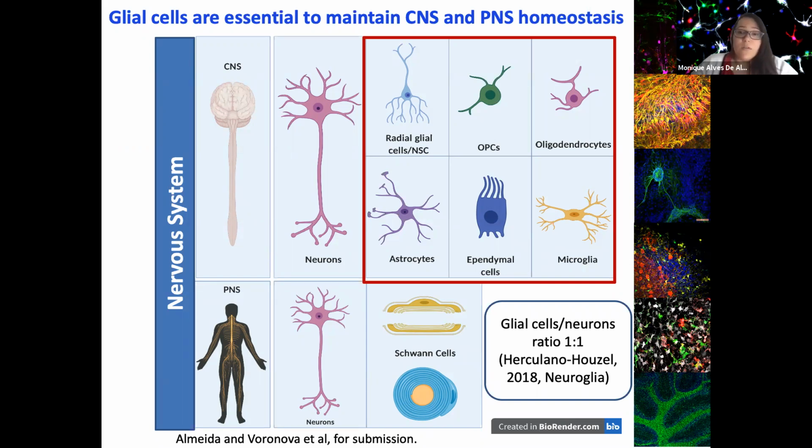So if glial cells are affected somehow or are not working properly, neurons probably will not survive.